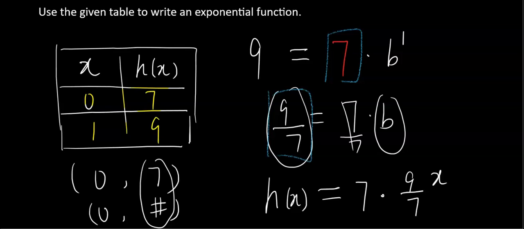Did I forget to write earlier in the first one a g of x? So if you finish writing, make sure you do not write this part as y. Write this part as your function name. So we write h of x, which means in the previous practice, when we finished, you write g of x.